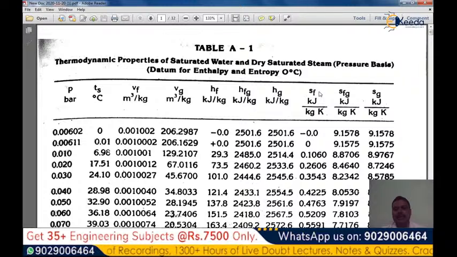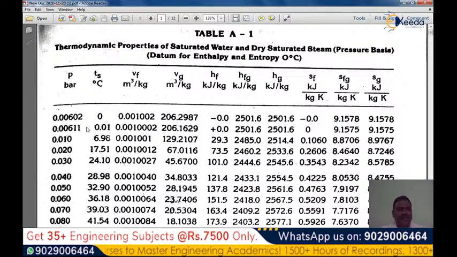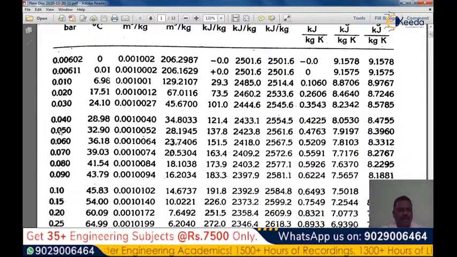Then SF is the specific entropy of saturated liquid, SFG is the entropy change during vaporization, and Sg is the entropy of saturated vapor. We will have these values at different pressures.